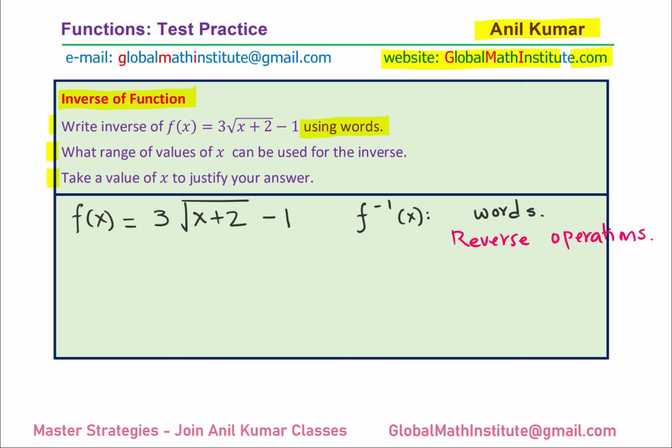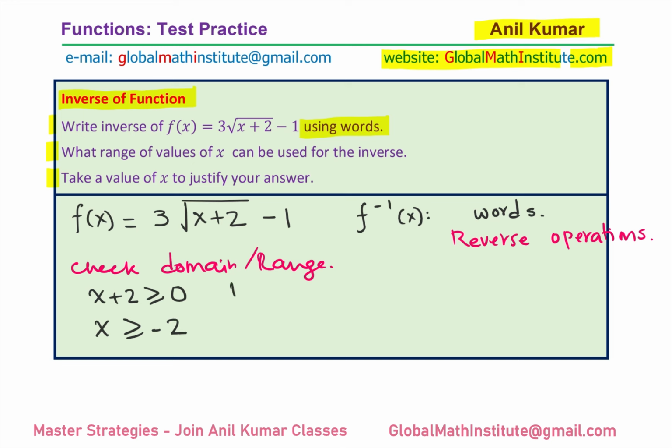But before getting there, it's a good idea to check the domain and range, since for inverse, domain and range will also flip, right? So check domain and range. So for the given function, as you can see, the domain is that x plus 2 should be greater than or equal to 0. That means x is greater than or equal to minus 2.